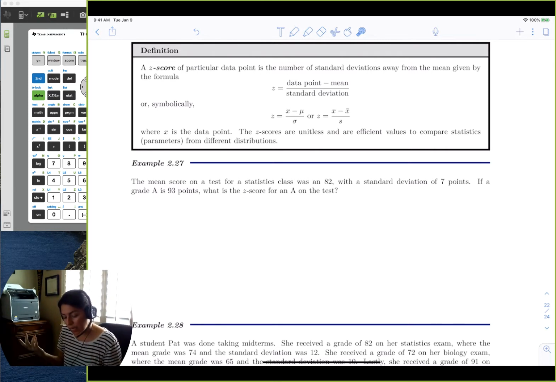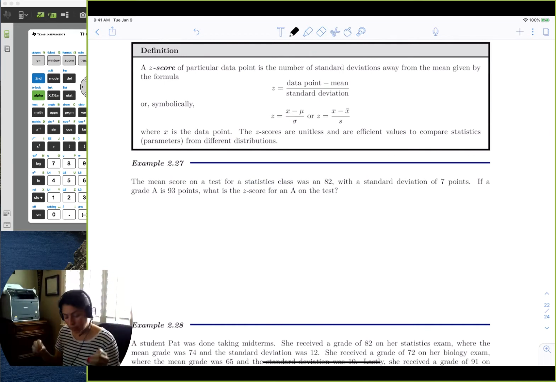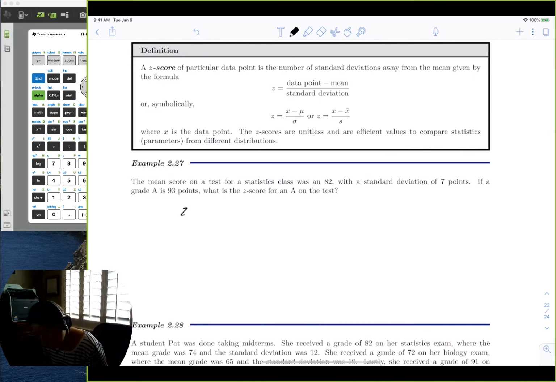So let's just say I had a mean score on a test for a stats class, an 82, and a standard deviation of 7. If a grade A is 93 points, what is the z-score for an A on the test? So the z-score will normalize this value. Watch. So the z-score will be the x minus the x bar over the s. So what data value are we observing?